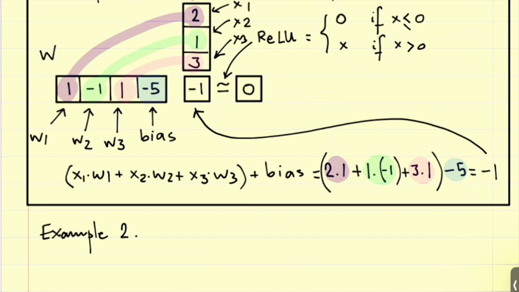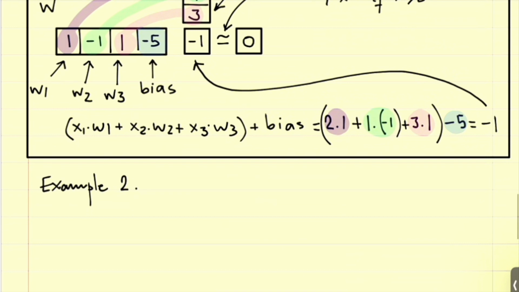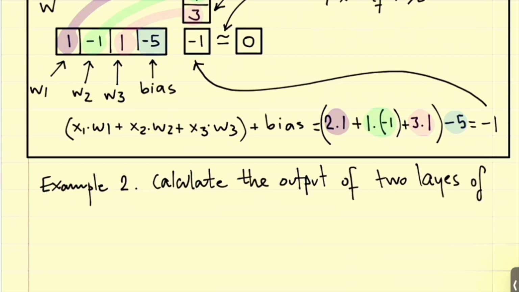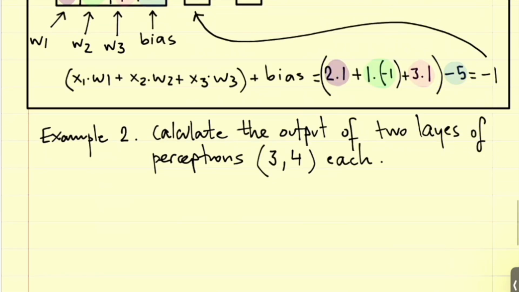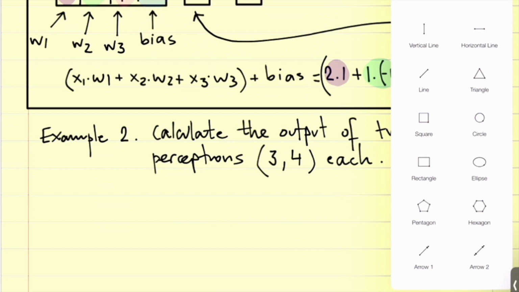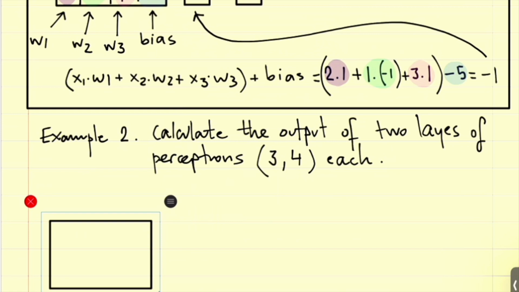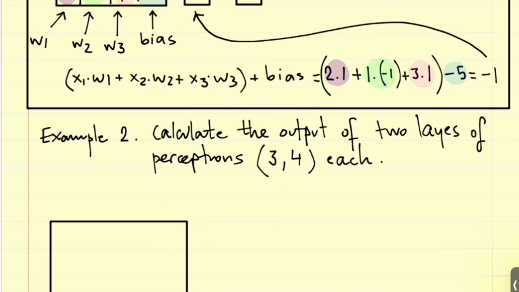So now imagine we calculate the output of 2 layers of perceptrons, 3 and 4 neurons each. Okay? So now imagine I give you this configuration.